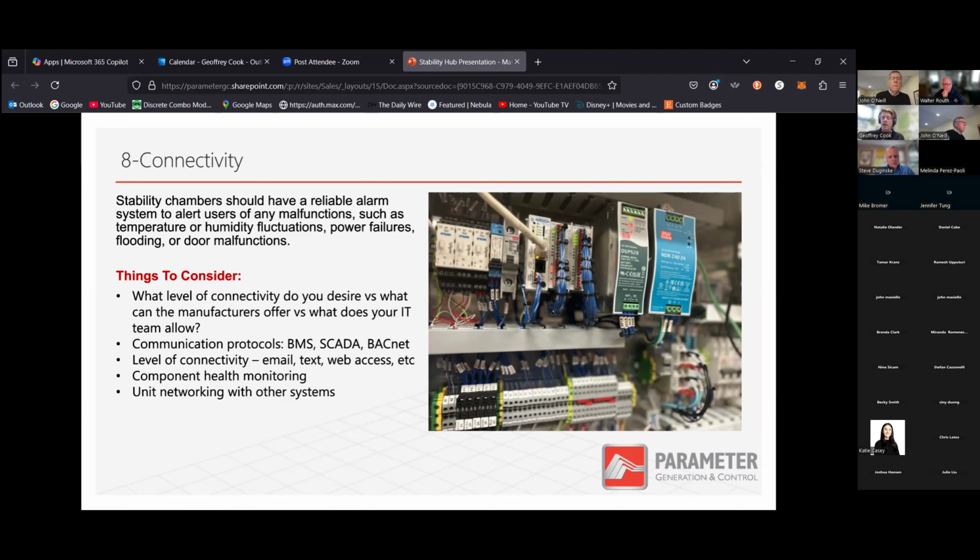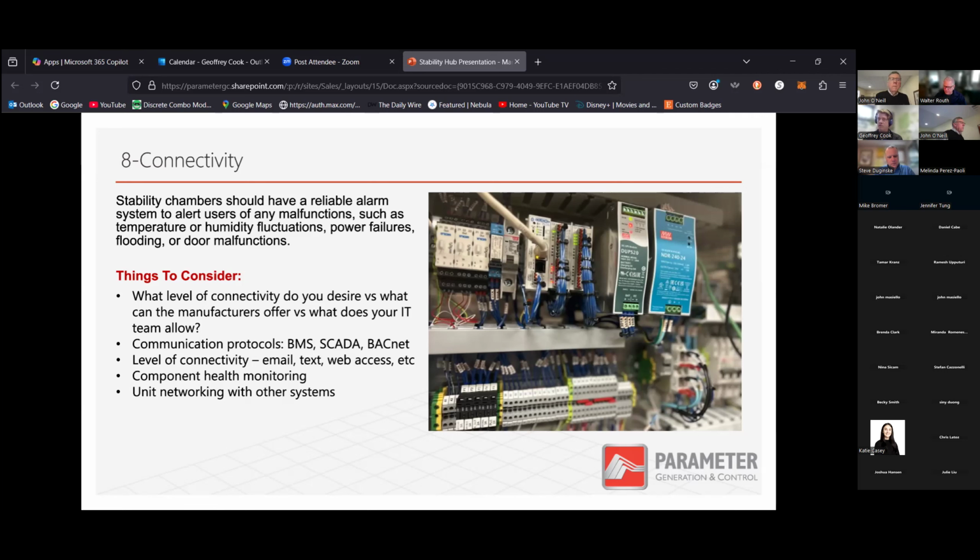So connectivity, especially as technology is advancing, and AI is entering the world of connectivity in terms of stability chambers. But you definitely want your stability chamber to have a reliable alarm system to alert you of malfunctions.